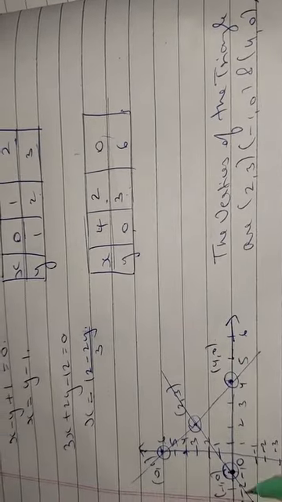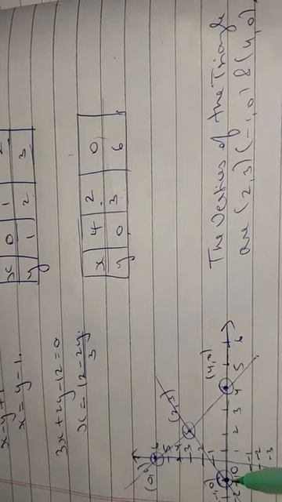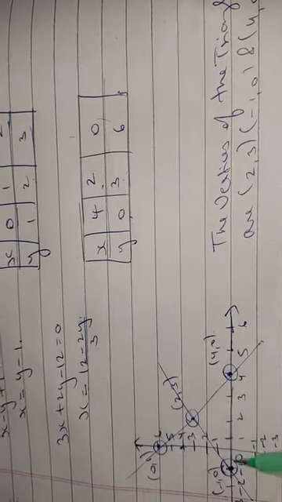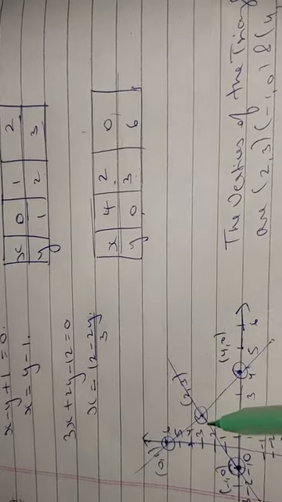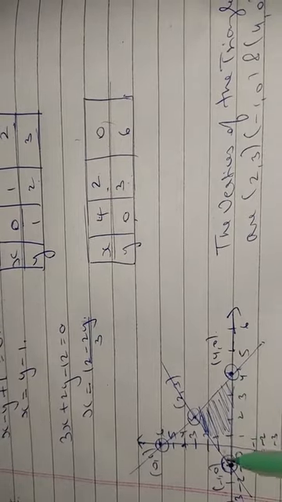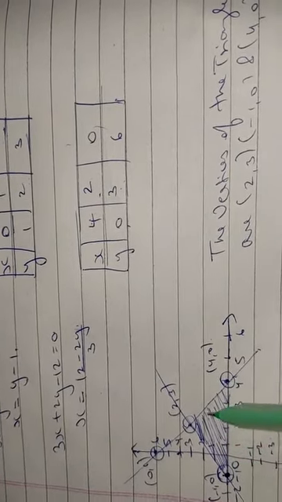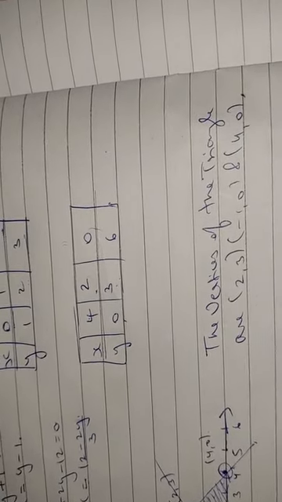When you extend it, the point on the x-axis is minus 1 comma 0, here 4 comma 0, and where the lines intersect is 2 comma 3. This is your triangular region which is shaded. This is your triangle. This is your answer. So the vertices of the triangle are 2 comma 3, minus 1 comma 0, and 4 comma 0.